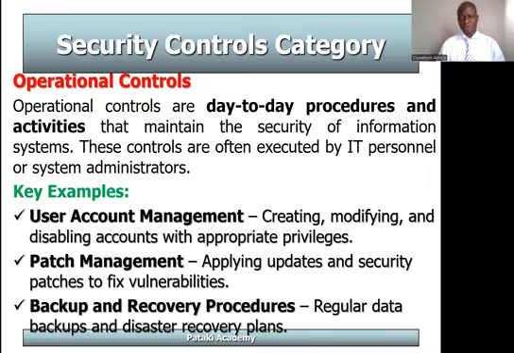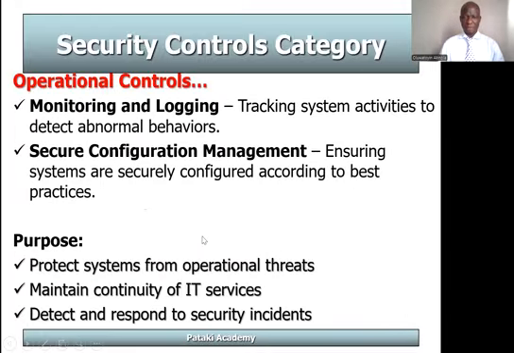Backup and recovery procedures, regular data backup and disaster recovery plan. Operational control still continues. It's monitoring and logging, tracking system activities to detect abnormal behaviors. Secure configuration management is to ensure systems are securely configured according to best practice.